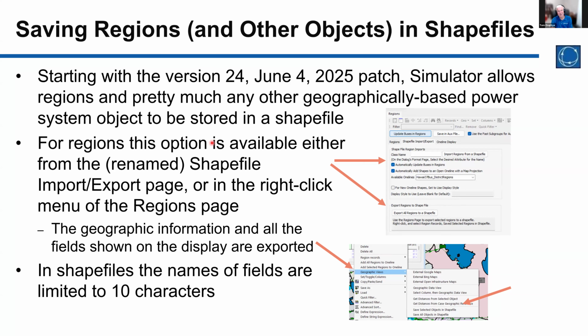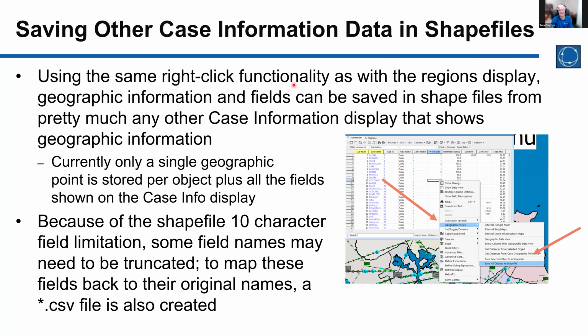So when we take power system fields, our power flow fields, and need to put them into 10 characters, we had to do some special coding to make that work. So we make them unique, and then we actually export a CSV file so that you can see the actual names. The more common ones like gen megawatt, gen megavar, load megawatt, that's all going to fit in 10 characters.